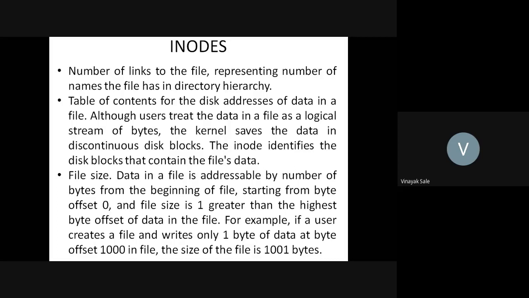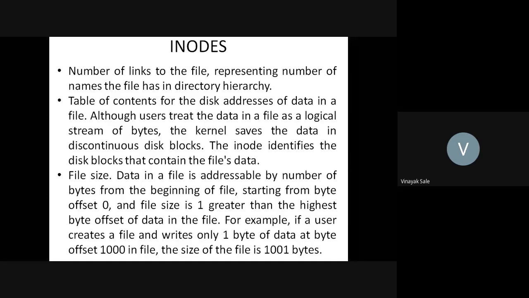Although users treat data in a file as a logical stream of bytes, the kernel saves the data in discontinuous disk blocks. The inode identifies the disk blocks that contain the file's data.